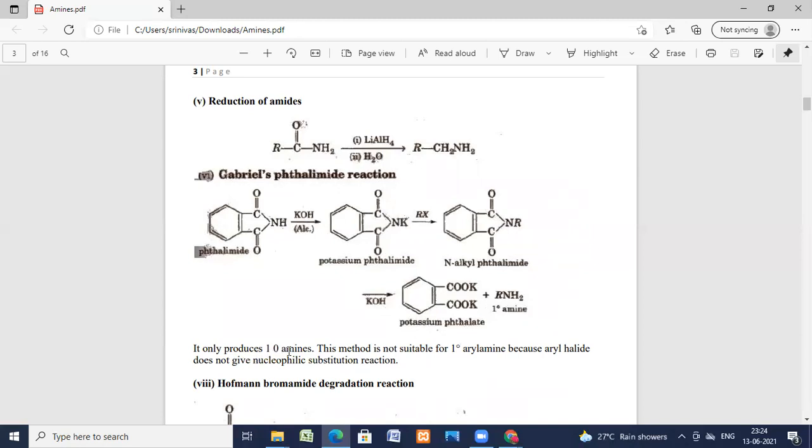Now, it only produces primary amines. This method is not suitable for aryl amines because aryl halide does not give nucleophilic substitution reactions.